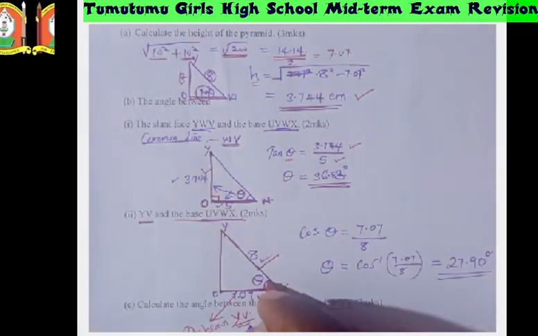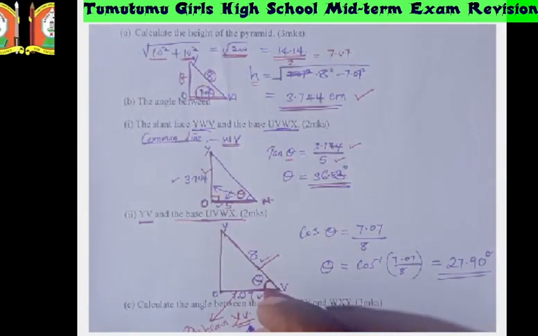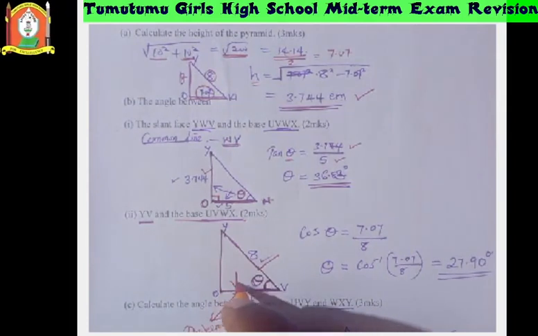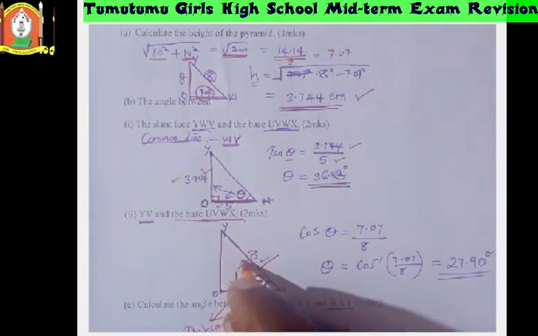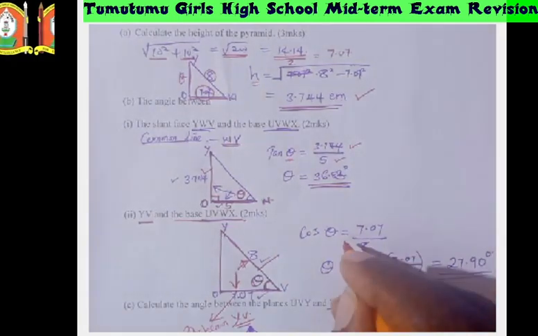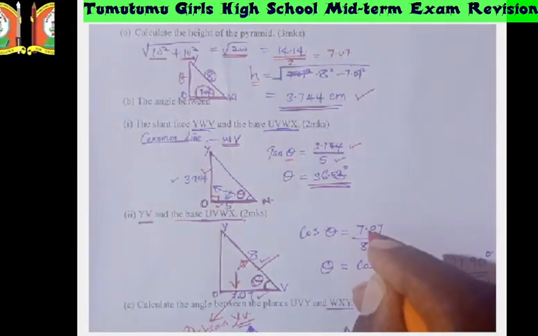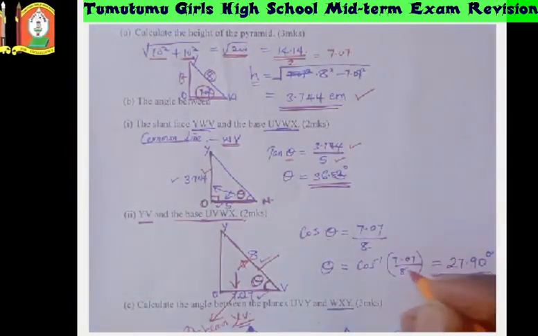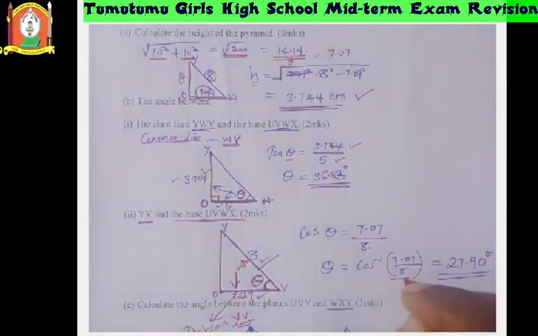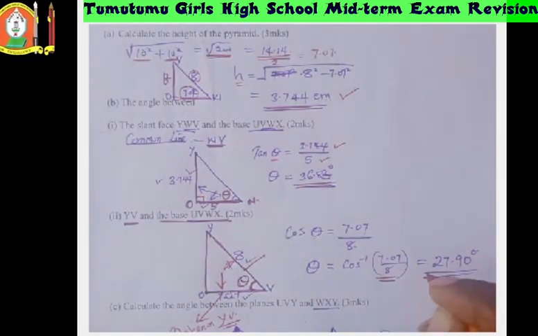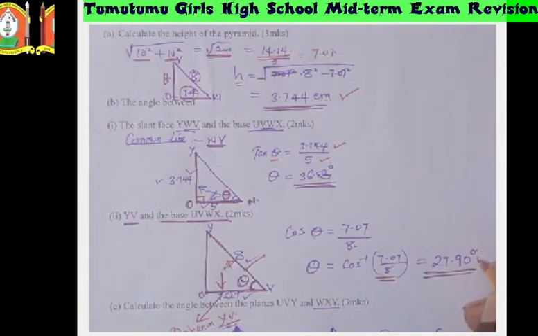So the angle between the line and its projection on the plane is theta here. Then we have adjacent to the angle and hypotenuse, so we apply cosine. The cosine theta is equal to 7.07 over 8. The cos inverse of the same will give us the angle of 27.90.